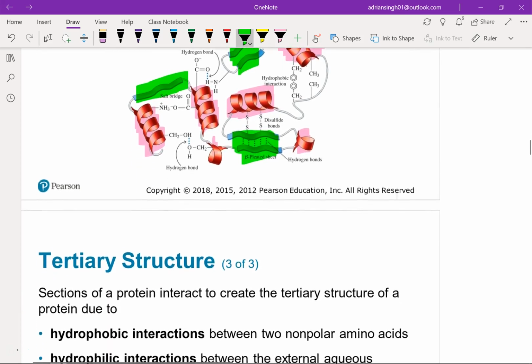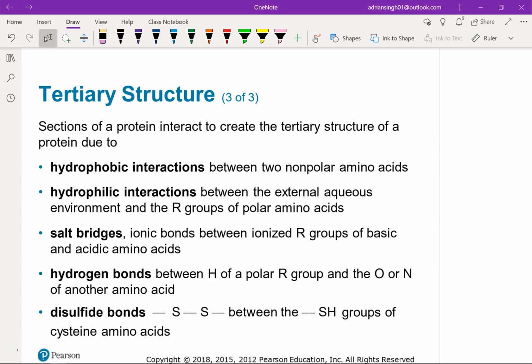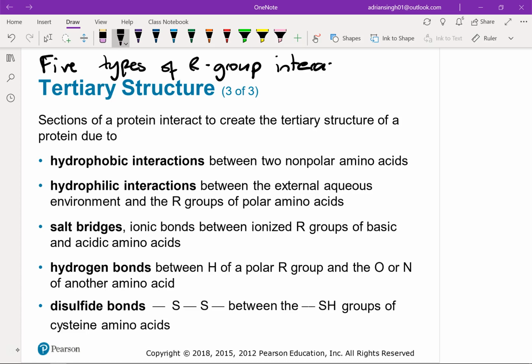So let's take a look now at how the tertiary structure is determined and the types of interactions that drive the three-dimensional structure. These R group interactions, we're going to see 5 types of them, and we're going to focus on those R groups.